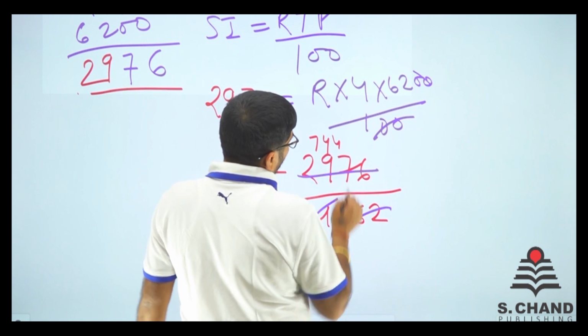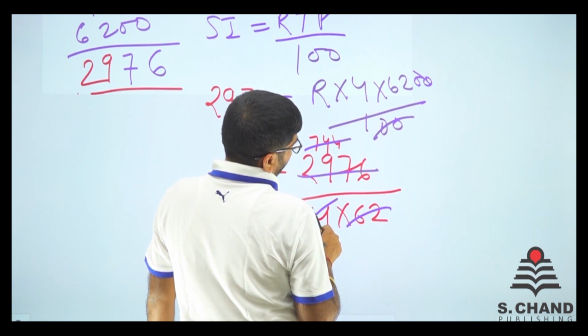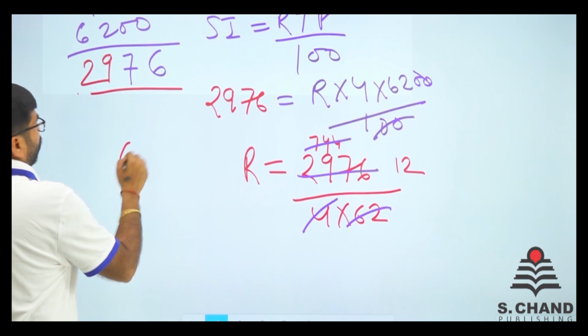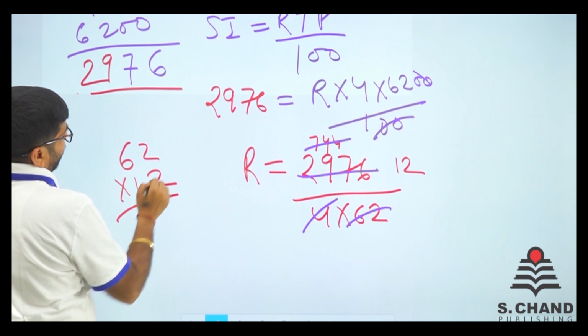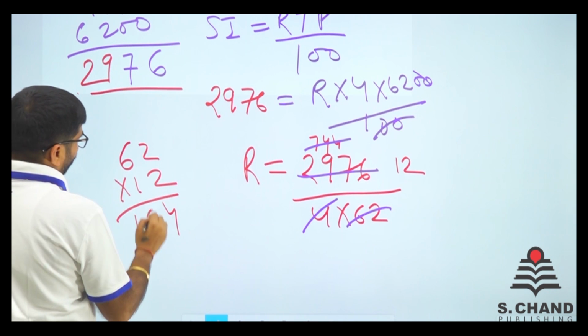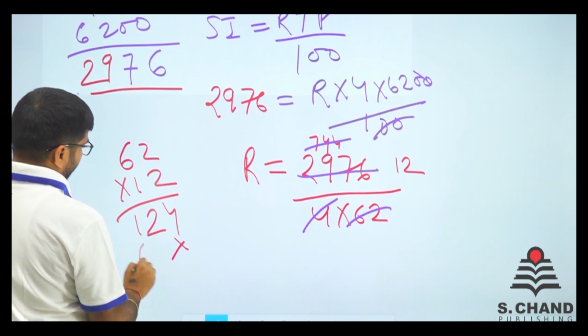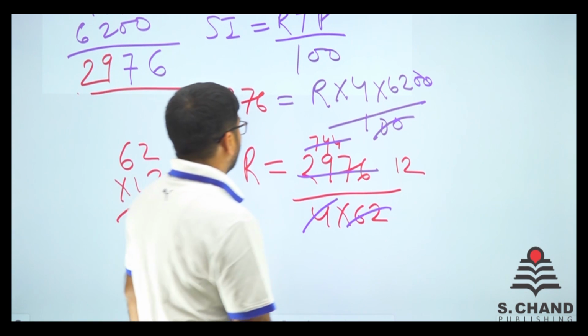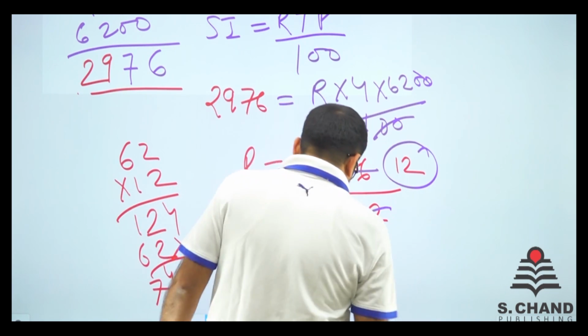So I guess 62 into 12 times if I do, it will be 744. Let's calculate 62 into 12. That is 2 into 2 is 4, 6 2s are 12. And then 62, we have got 4, we have got 4, we have got 7. So 12 times. So rate of interest is 12, right?